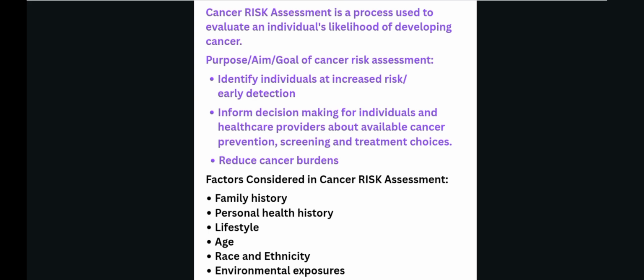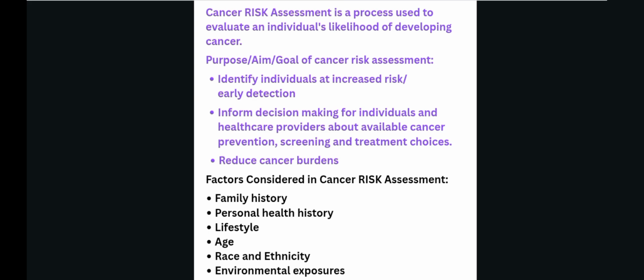Then look at the age. Cancer risk increases as the age increases. Then race and ethnicity. Some race and ethnicity have been identified with some kind of cancer. So there is a higher risk or tendency of individual from such race or ethnicity developing such cancer condition or disease.